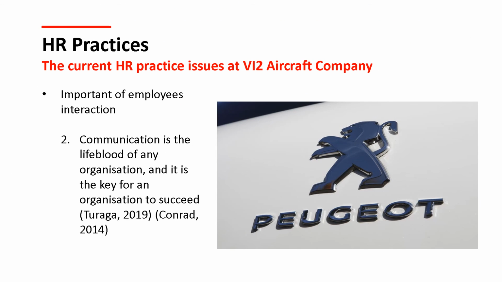Furthermore, many researchers indicate that communication is the lifeblood of any organization, and it is the key for an organization to succeed. For example, the key to achieving success for the 165,000 employees worldwide of French car company Peugeot is the interaction within the organization through meetings.